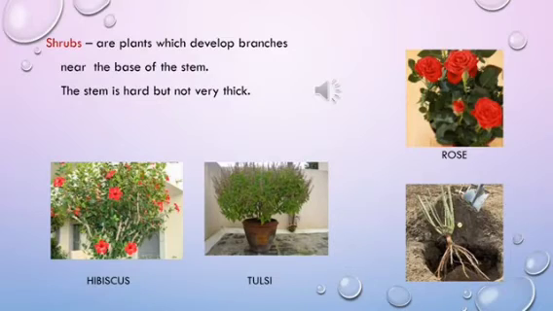So, what are shrubs? They are medium-sized plants. They have hard and woody stem, which are usually thin, and the branches are seen towards the base of the stem. And what are the common examples of shrubs? Rose plant, hibiscus plant, tulsi plant, jasmine plant, all these are called shrubs.